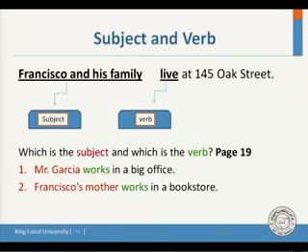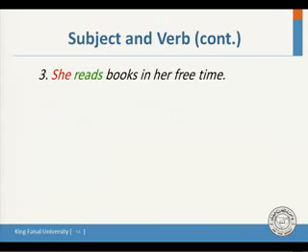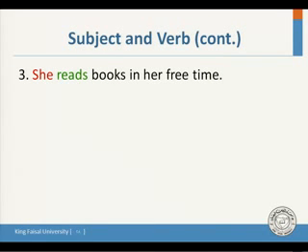Another sentence. Where is the subject? And where is the verb? Okay. The subject is Francisco's mother. One person. Francisco's mother. His mother. And the verb is works. Another sentence.